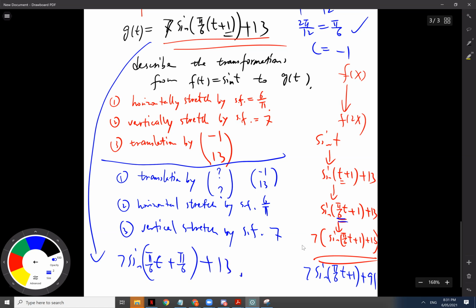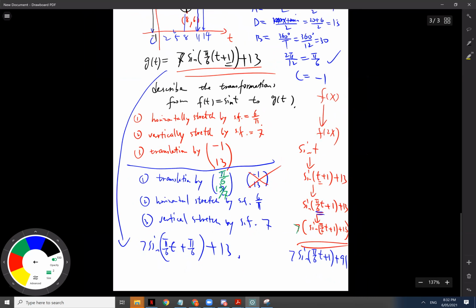Check out. If you change the order, check what happened. No, this is not right. Guys, it's time to ask you about the number in the question mark. You times by 7, so 13 over 7, pi over 6.